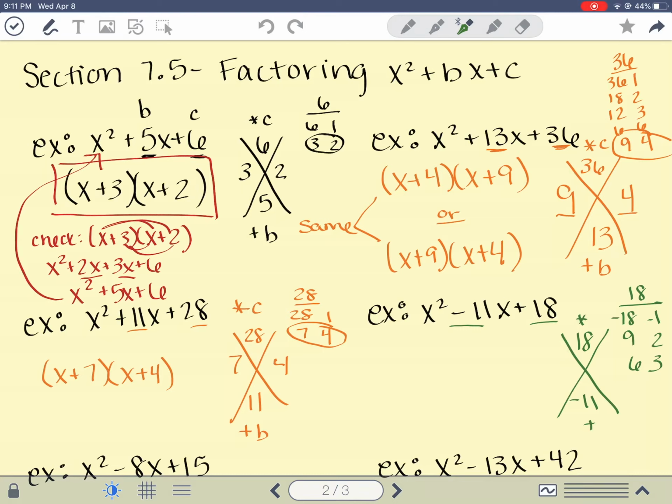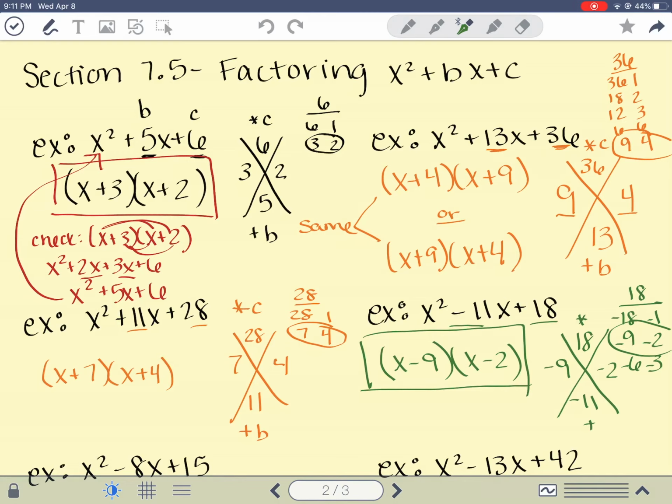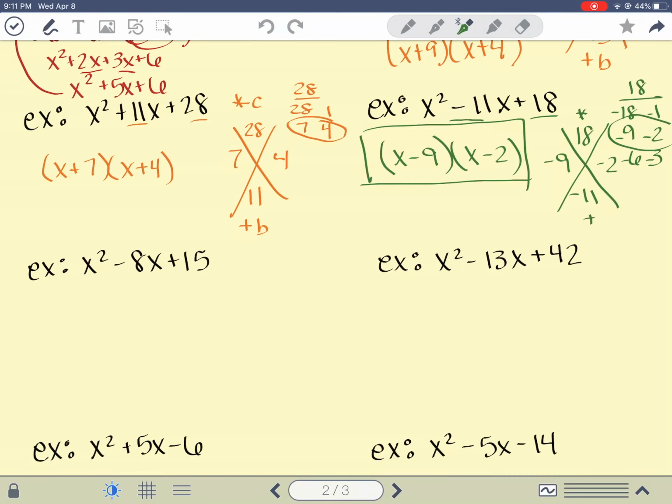If I'm multiplying to a positive and adding to a negative, remember that means both numbers are going to be negative. So if we're looking at what adds to that negative 11, that's going to be our negative 9 and negative 2. So when we write out our factors, we have the quantity of x minus 9 times the quantity of x minus 2. Okay, that is your final answer. All right, let's try the next one.